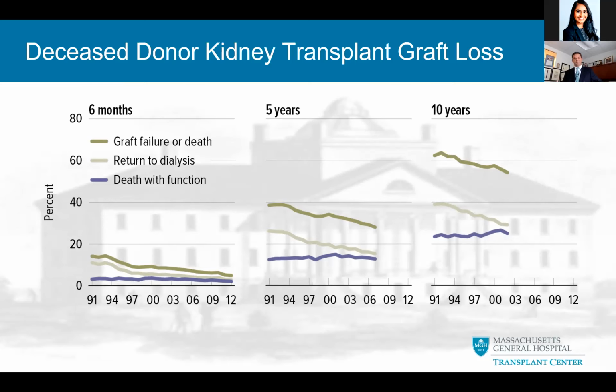So while it's great for that patient specifically, for the overall good, that's not an ideal outcome. And if that kidney went into somebody who has more years to survive, that would have been better. And you see, while we're getting better and there's a decrease in the percent of patients returning to dialysis, the percent of patients dying with a functioning graft is steady to slightly increasing, as you see here.